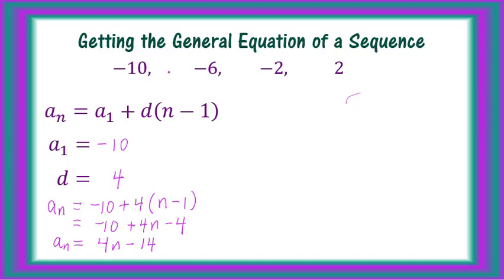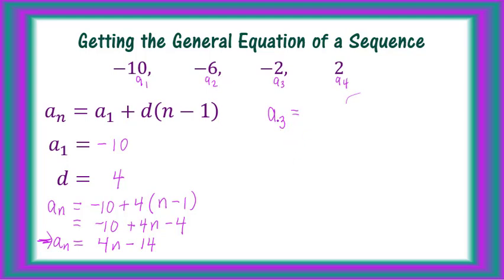Let's check. So this is a sub 1, a sub 2, a sub 3, and a sub 4. Using the general equation for this particular sequence, let's see if we can determine what a sub 3 is. Remember again that n gives us our position.